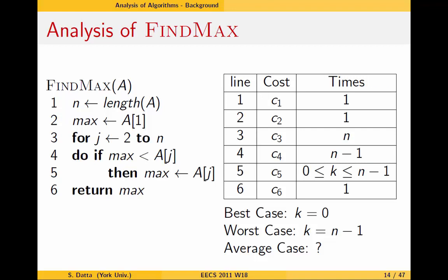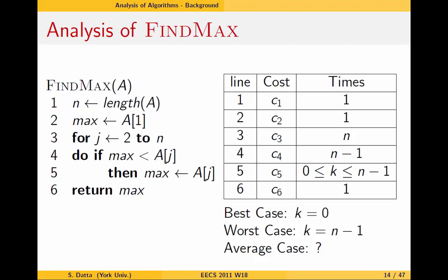Intuitively it corresponds to the first element being the max. If the first element is the max, actually it doesn't even have to be strictly bigger, then the if test on line 4 always fails and line 5 is never executed. On the other hand, in the worst case, line 5 is always executed.